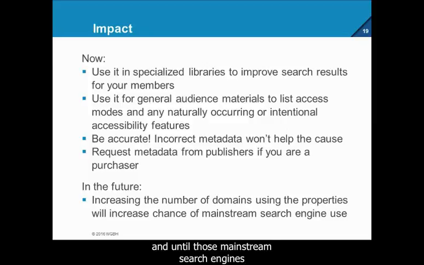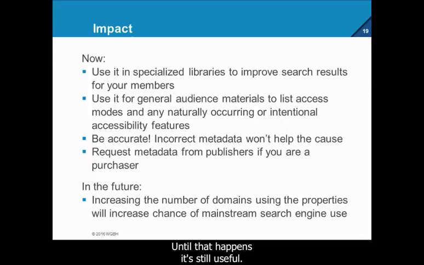And until those mainstream search engines see a lot of sites using the metadata, they're less likely to put it into their mainstream searches the way Google is using its own metadata right now internally in its searches. So when we start to see dozens and dozens of libraries and general purpose sites publishing the metadata, then that's going to increase the chances that the mainstream search engines will start to use it.